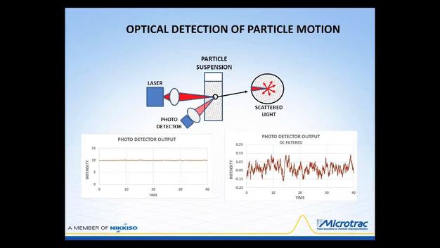In the scatter direction, which can be picked at any angle, another optical system is assembled where the scattered light is collected from that scatter volume and focused to a photodetector.